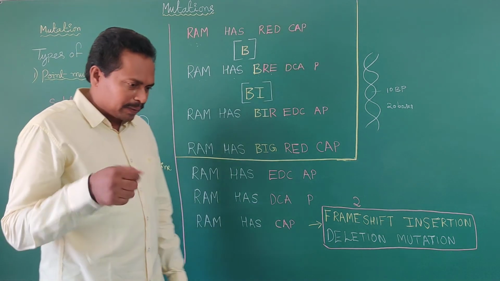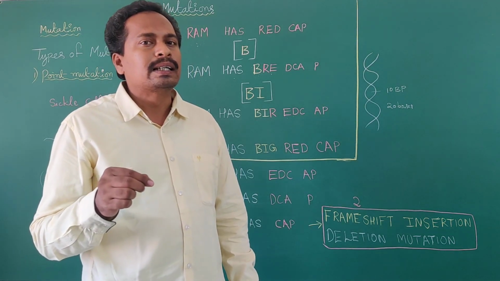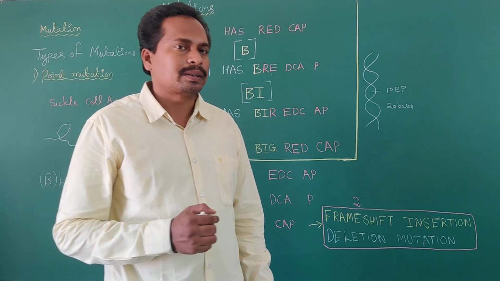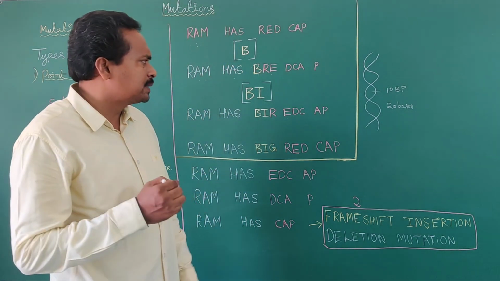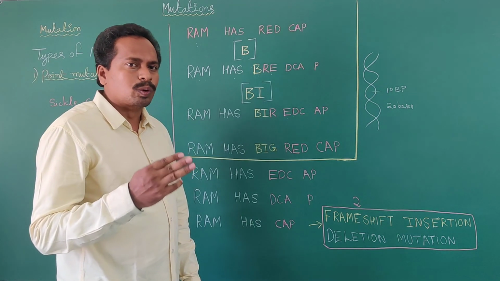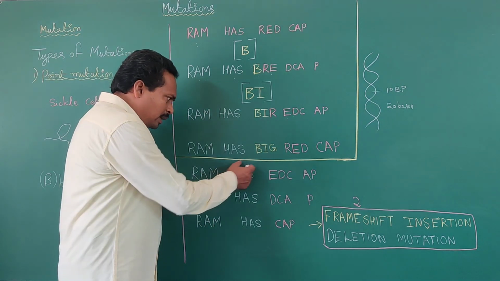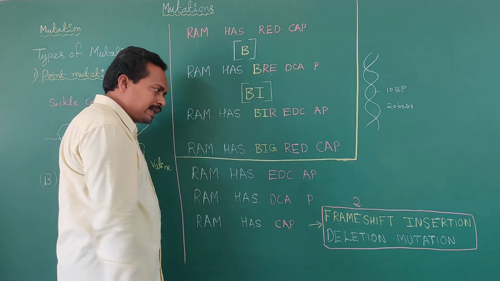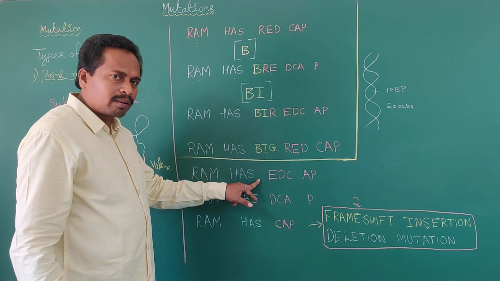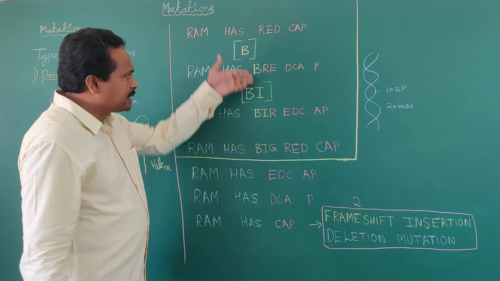Suppose 3 nitrogen bases are inserted in a genetic material, the changes will appear. So the changes are caused due to the addition of nitrogen bases. Now look here.